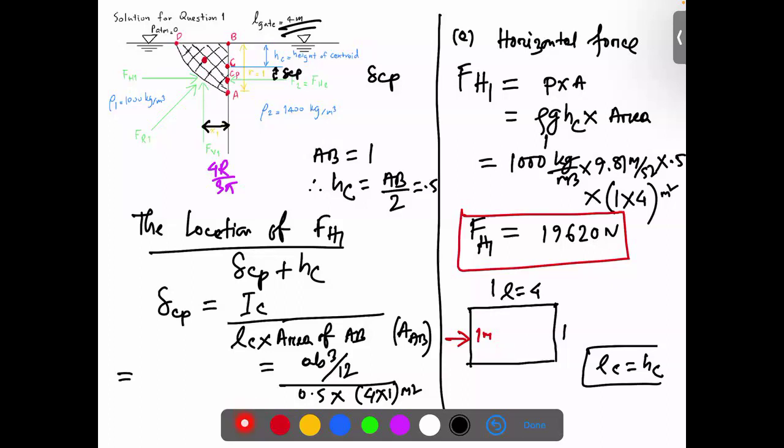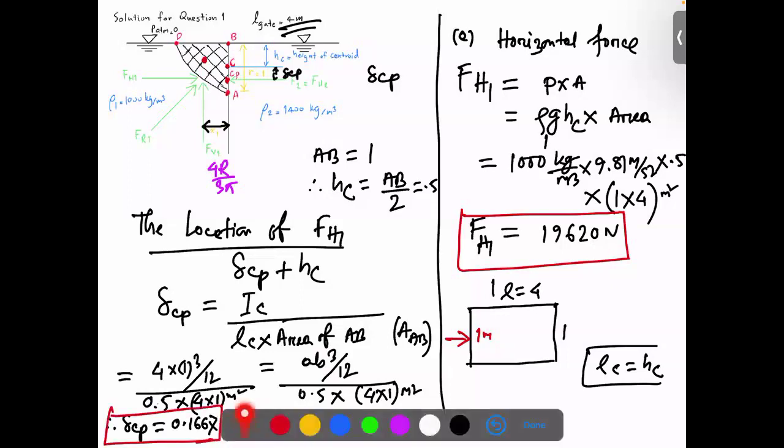For A equal to 4, B equal to 1, over 12 by 0.5 into 4 into 1 meter squared. So this delta Cp will be 0.1667. So this is the delta Cp.